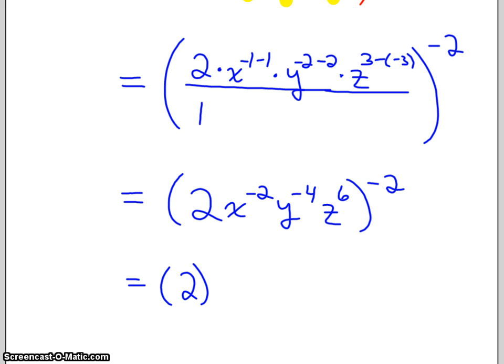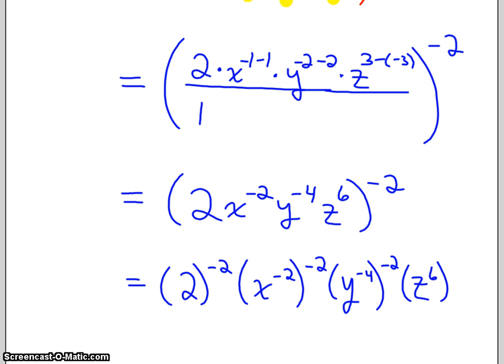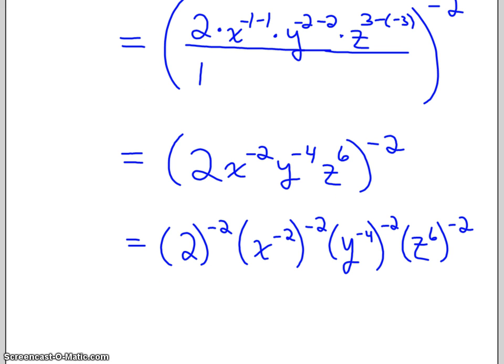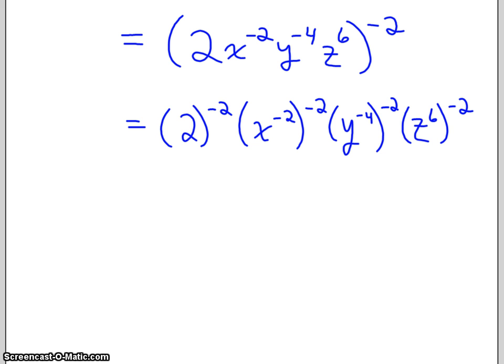So 2 gets raised to the negative 2 power. X to the negative 2 gets raised to the negative 2 power. Y to the negative 4 gets raised to the negative 2 power. And z to the 6th gets raised to the negative 2 power. I just applied the power of a product property. Now 2 to the negative 2, just leave that alone for now until you get rid of these parentheses.